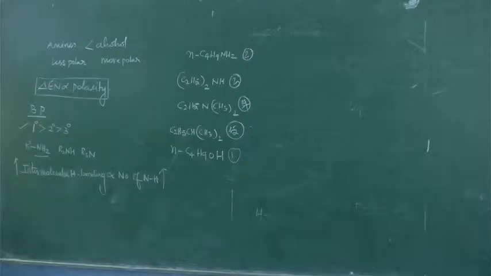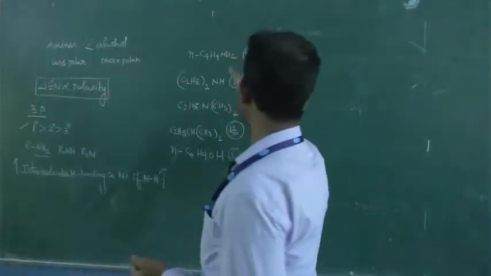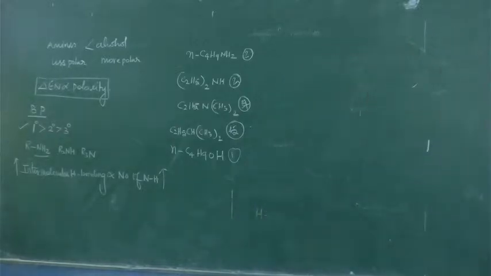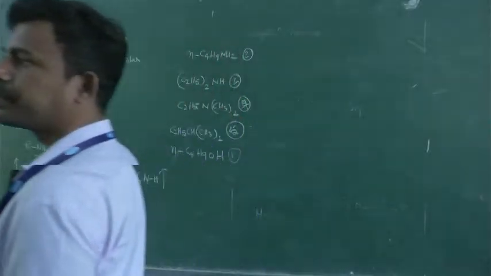So whenever alcohol versus amine is asked, alcohol has the more boiling point, because if the electronegativity difference in OH is higher, the strength of hydrogen bond is higher. If the strength of hydrogen bond is higher, the boiling point is higher. Is it clear? For comparing boiling points, the molecular mass should always be similar. So you arrange this: first, second, third, fourth, fifth. Is it clear?